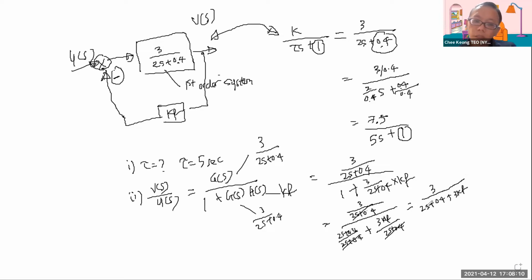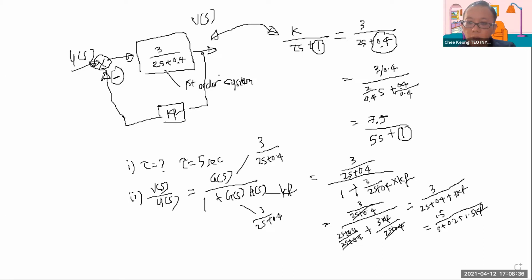So your solution is to normalize everything with 2. If you divide top and bottom by 2, you get 1.5 on top over s plus 0.2 plus 1.5 kf. If you look at your tutorial solution, basically it's this value.